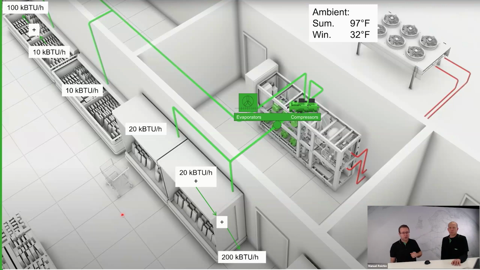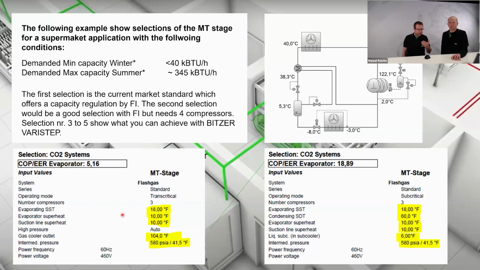So 440 kBTU is what we try to achieve in the winter conditions. So my target is that my rack combination in the summer conditions can do around 345 kBTU, and in the winter operating conditions, I should achieve the 40. Then I can cover the demand of 2 big furnitures or 4 small furnitures or 2 small and 1 big.